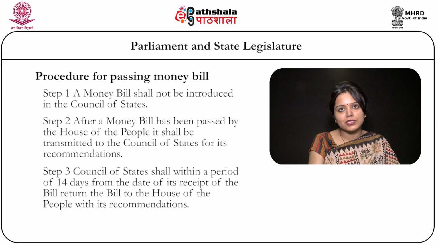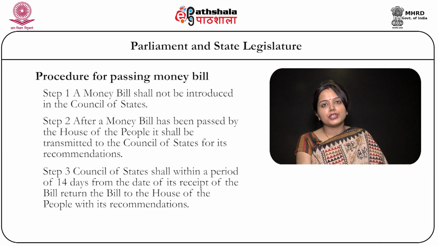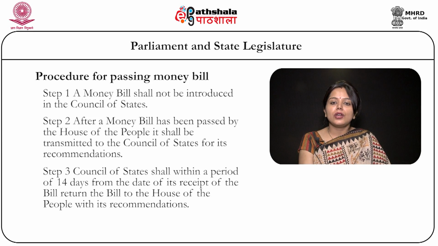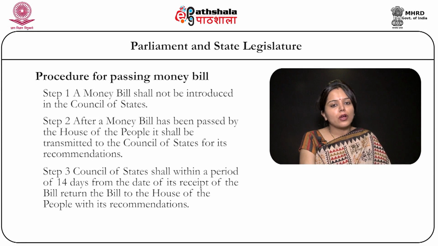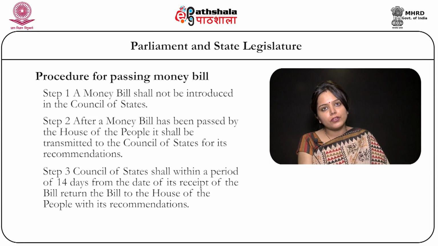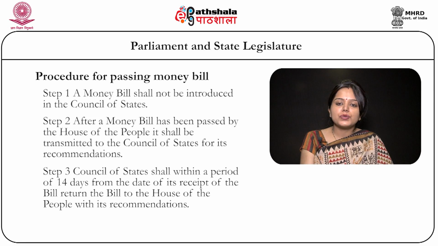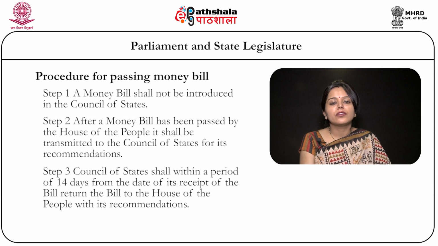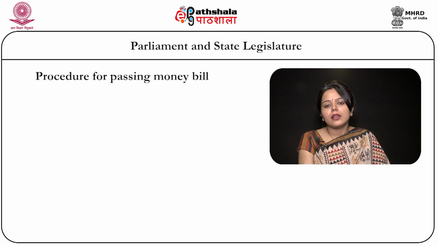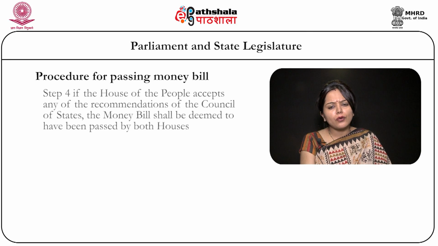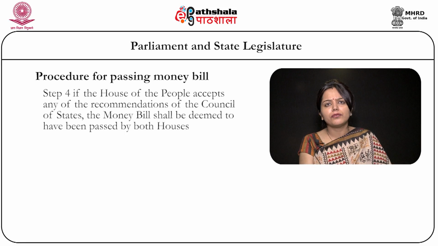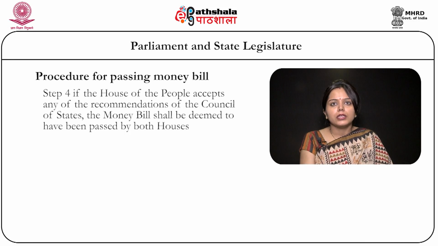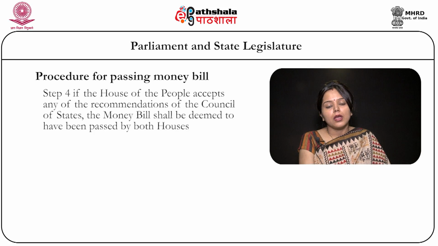The third stage is that the Council of States shall, within a period of 14 days from the date of its receipt of the bill, return the bill to the House of People with its recommendation. And the last stage is, if the House of People accepts any of the recommendations of the Council of State, the money bill shall be deemed to have been passed by both the houses.